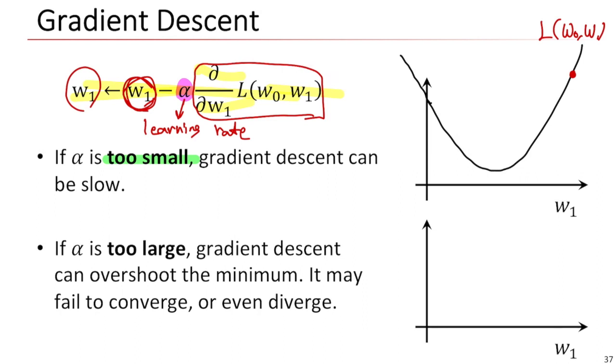We have to follow the line very slowly, right? Because the learning rate determines the magnitude of our step, right? So in this case, it will be very slow. It means that we need more computation than with another choice of alpha, right?